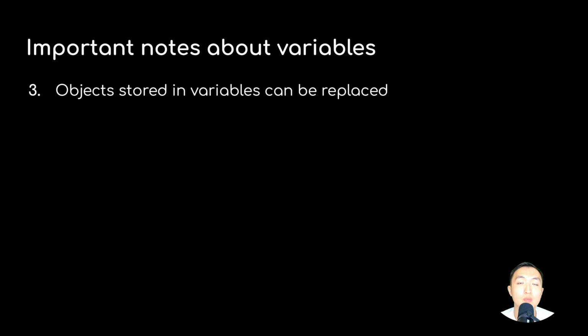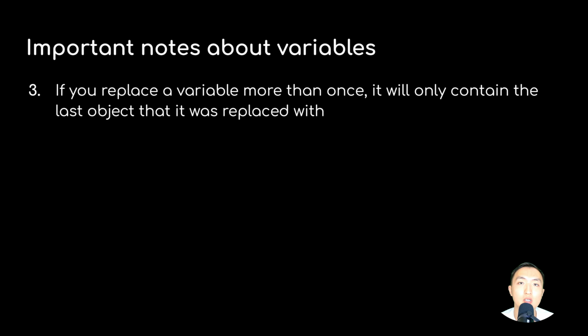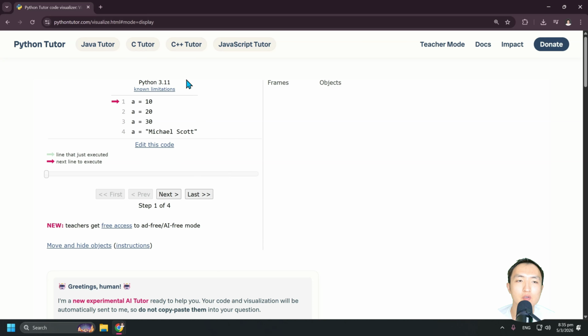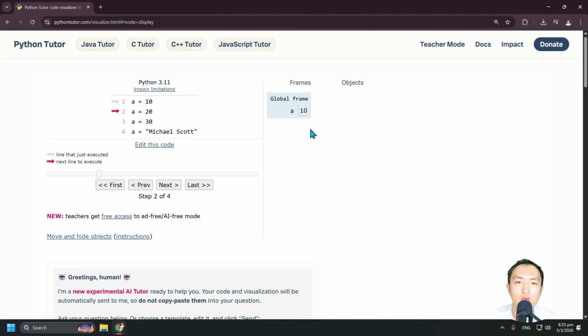Important note number 3, objects stored in variables can be replaced. If we replace a variable more than once, it will only contain the last object that it was replaced with. Let's go through this code to show you what I mean. If we execute line 1, we'll see integer 10 in variable A. If we execute line 2, we'll see that integer 10 is replaced with integer 20.